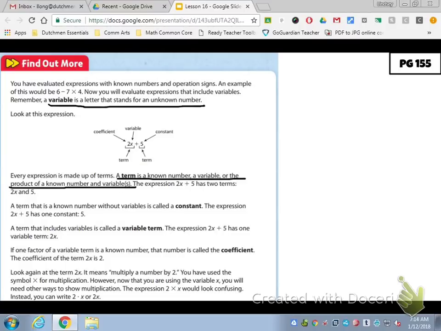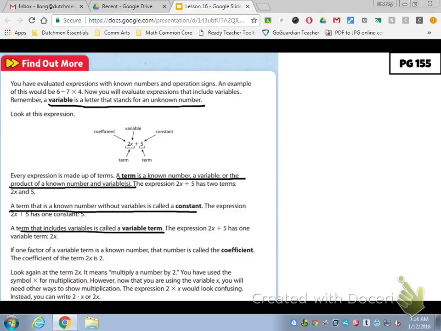A term that is a known number without variables is called a constant. So a constant is your known number. It is the one that does not have a variable. So in the expression 2x plus 5, which one's the constant? It will not change. It will always be that number. It is 5.